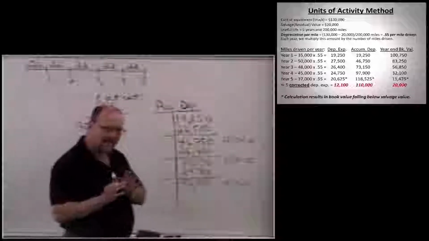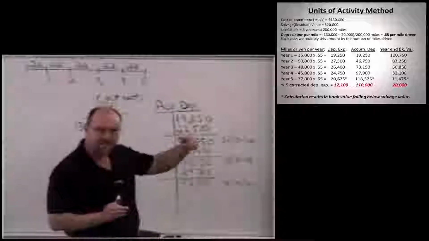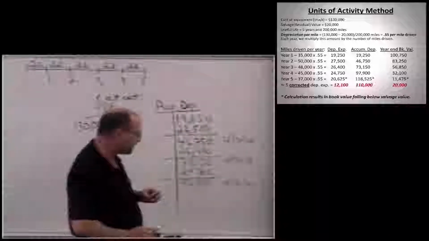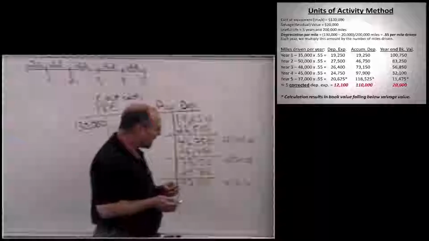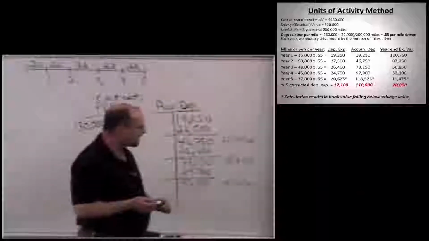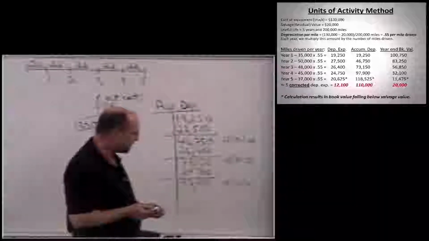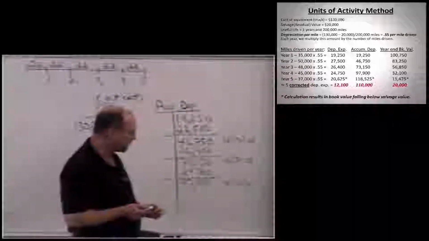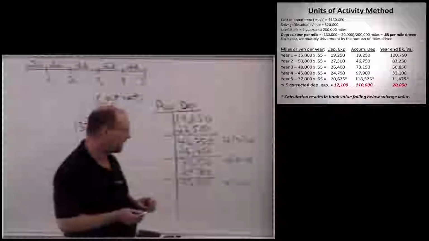This is where you have to be careful with this method and the next method, the double declining balance method. In year five, when I drove 37,000 miles, I multiply that times 55 cents, and that gives me 20,625.